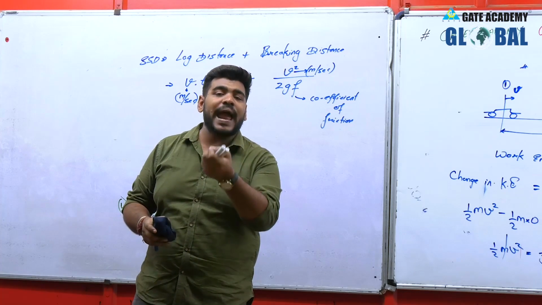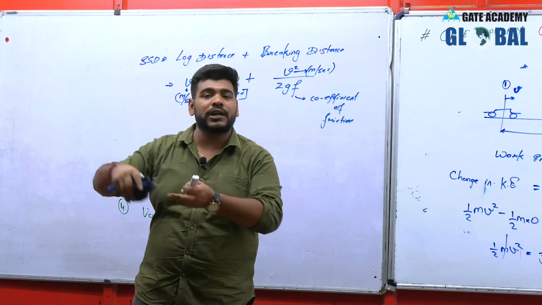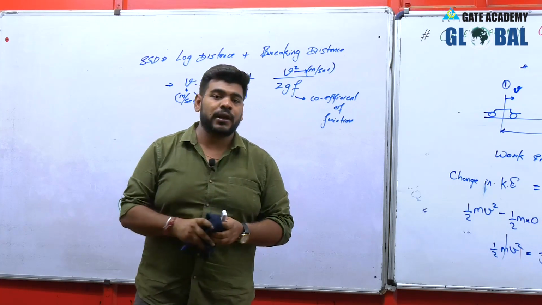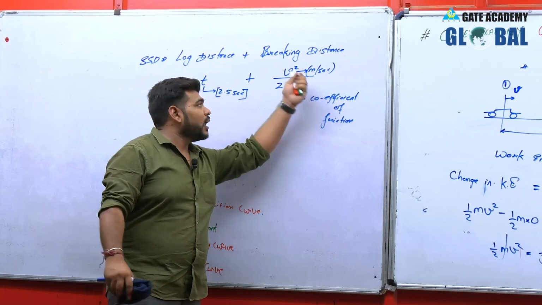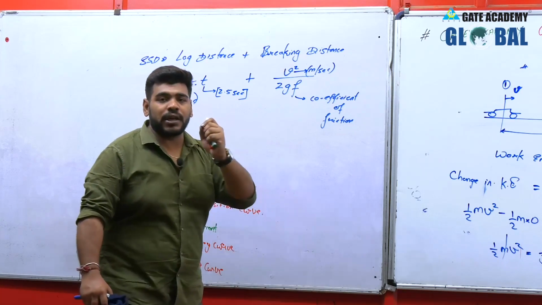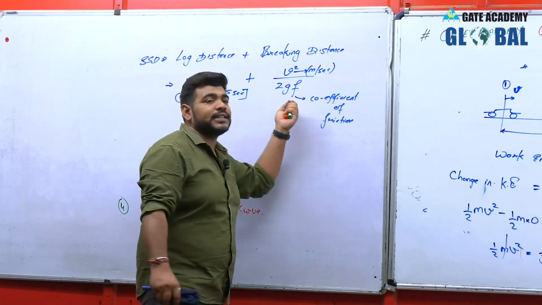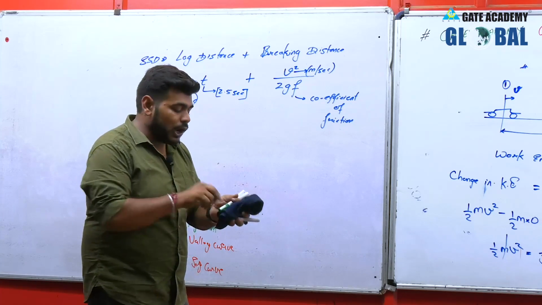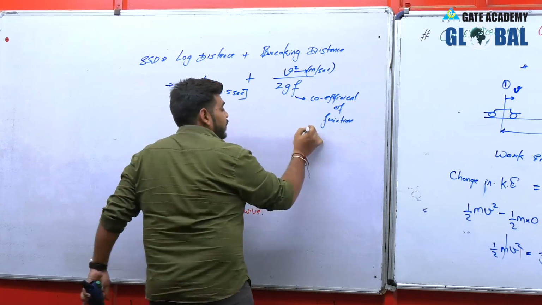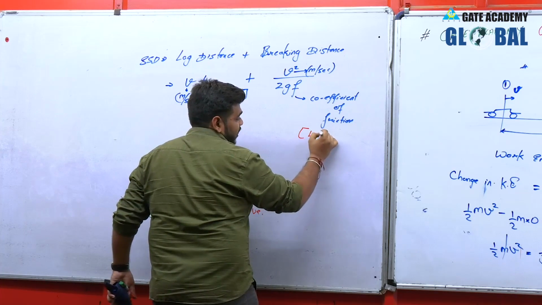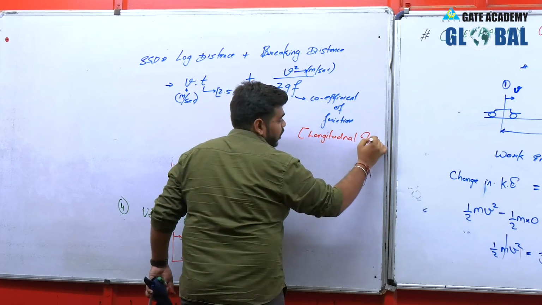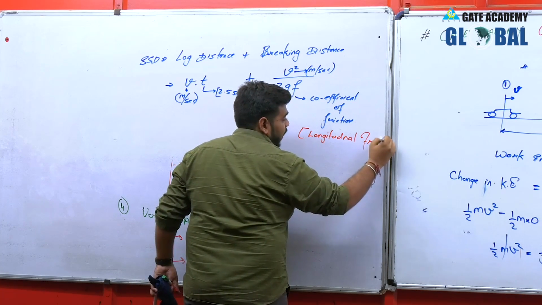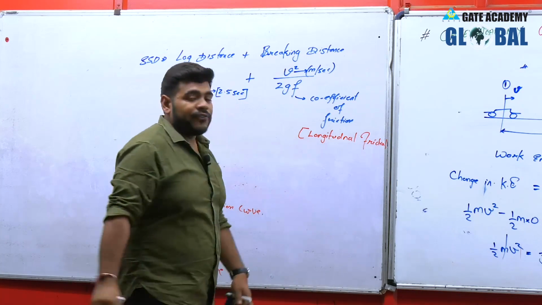The friction acting when the vehicle is moving on a horizontal curve is lateral friction. But the friction we are going to consider in this braking distance is longitudinal friction.